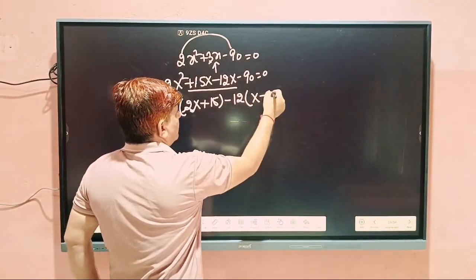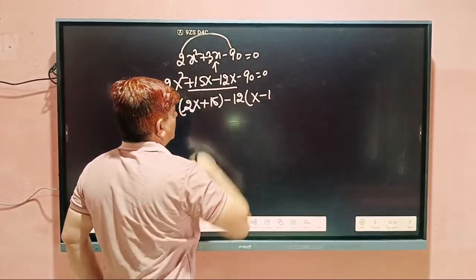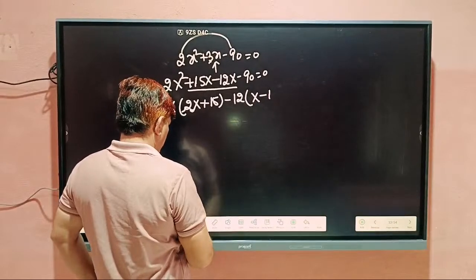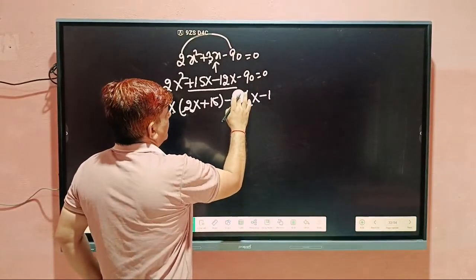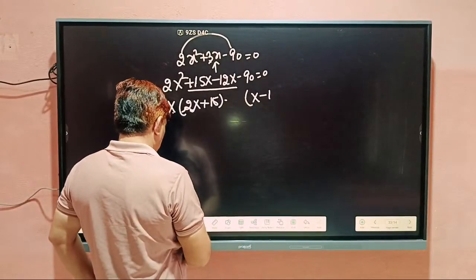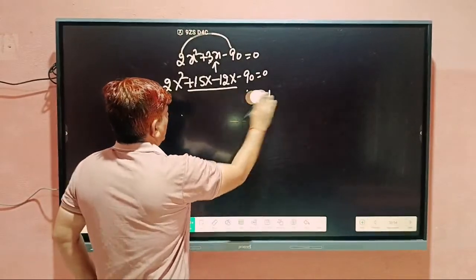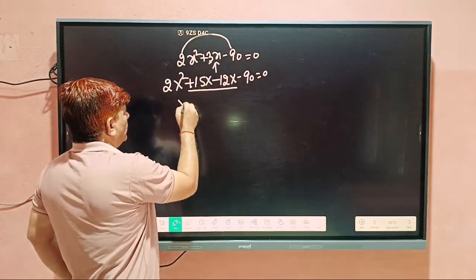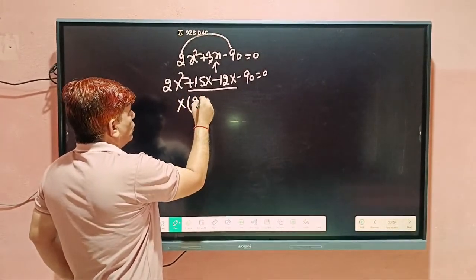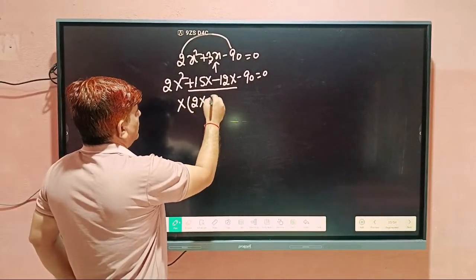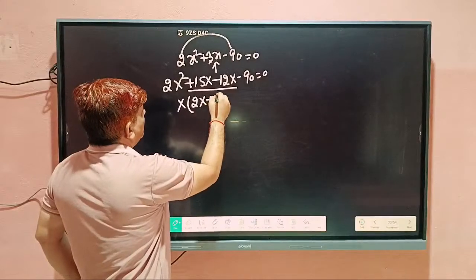X minus 15. 12 is not coming, 4 is coming here. We have taken 4 common. Again I can write this. What's common? X. So 2x plus 15 coming.